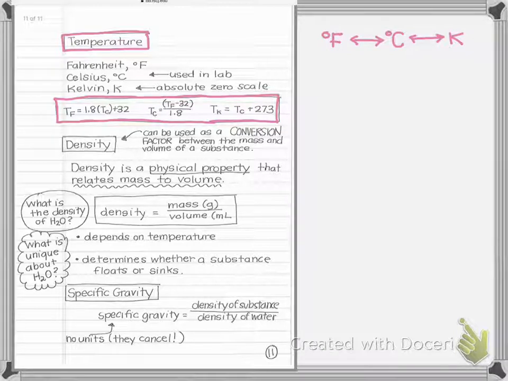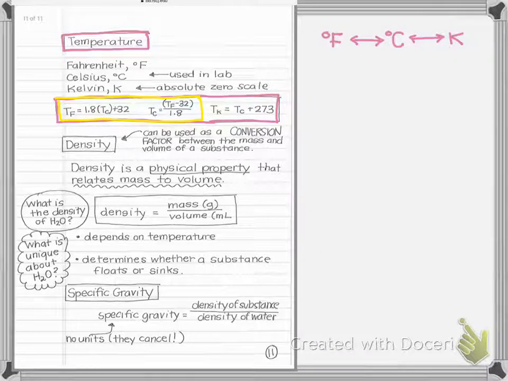The other thing I want to point out to you is that these first two equations are actually the same equation, just mathematically rearranged. So there's not two different equations for the relationship between Fahrenheit and Celsius. I've just rearranged them for you so you have two.